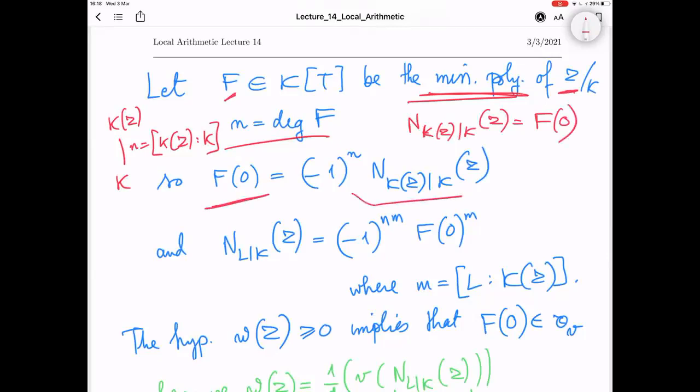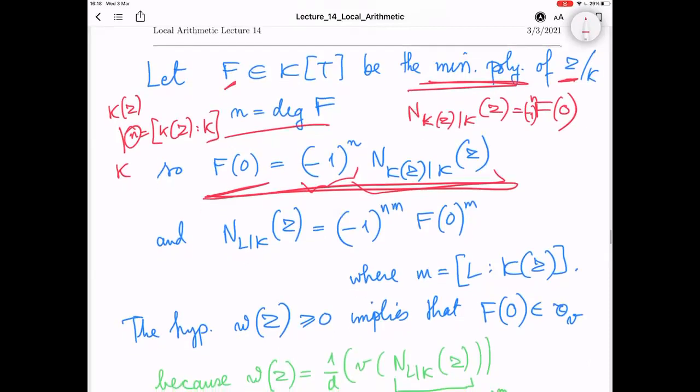Here is the constant term, here is the norm, except that there is some sign which depends upon the degree. So it's -1 to the power n times. So this is what I've written here. So if I know the minimal polynomial, I know the norm.